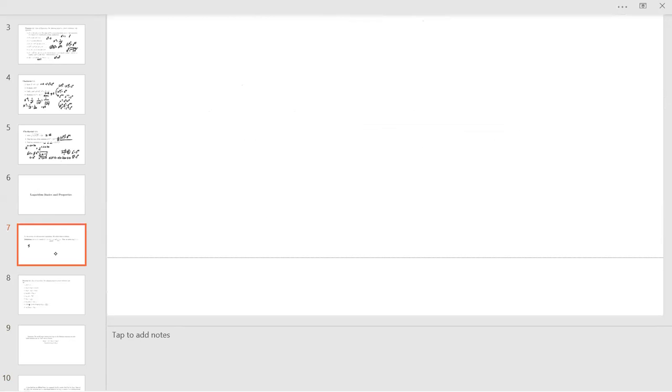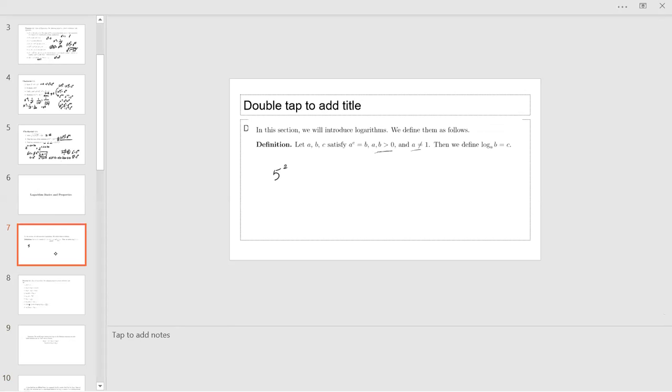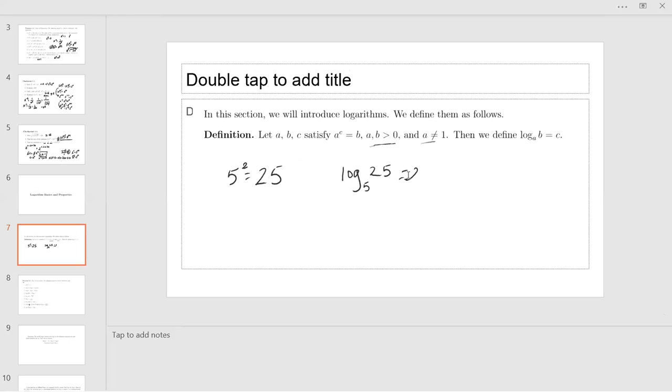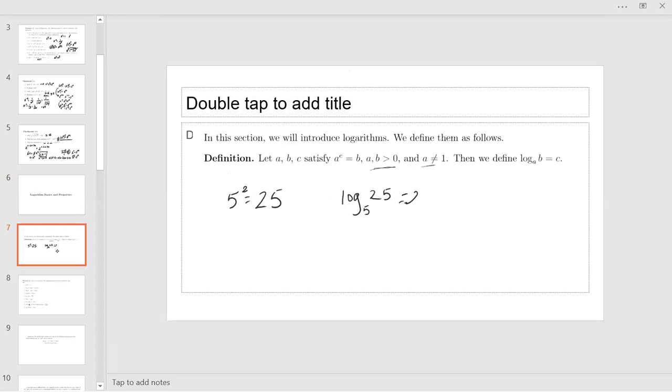We have 5 squared is equal to 25. So our a is 5, our c is 2, and our b is 25. Then we have log of 25 with base 5 is equal to 2. So basically, this number raised to this number should give us this number.